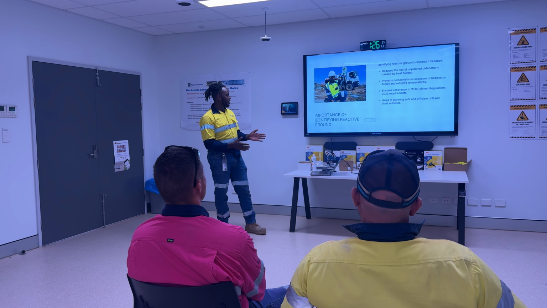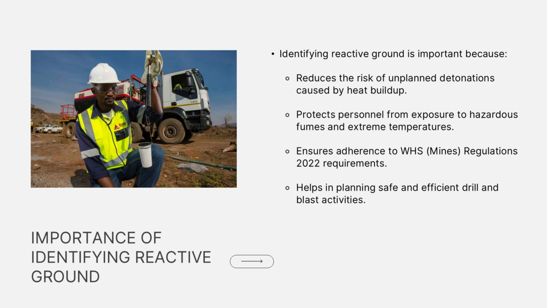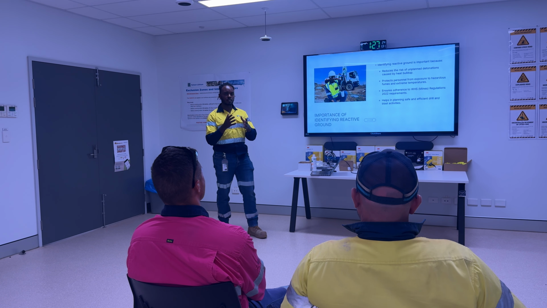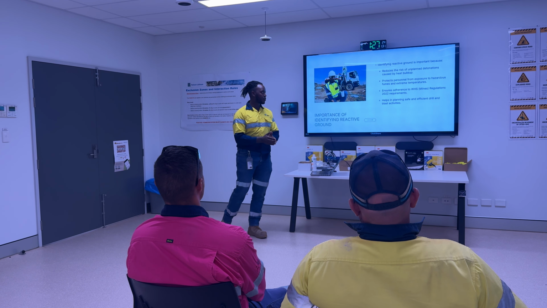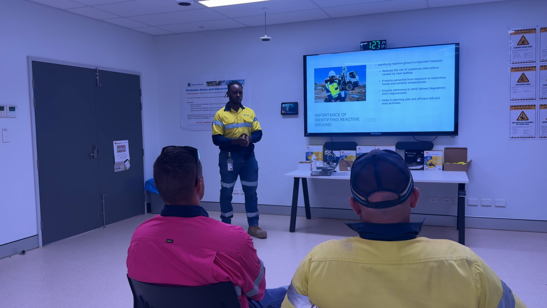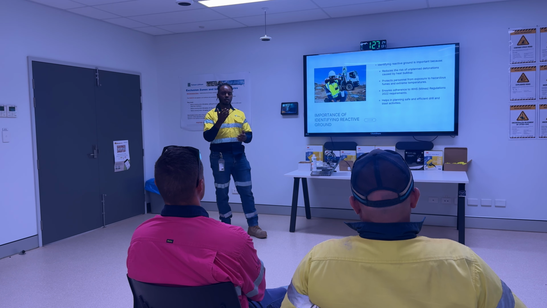The importance of identifying reactive ground includes: it reduces the risk of unplanned detonations. As we've said, we are dealing with explosives, and the explosives can be detonated by the presence of heat. It also protects personnel from exposure to hazardous fumes and extreme temperatures. In an event where it's not exploding, you can still have people affected by the fumes.